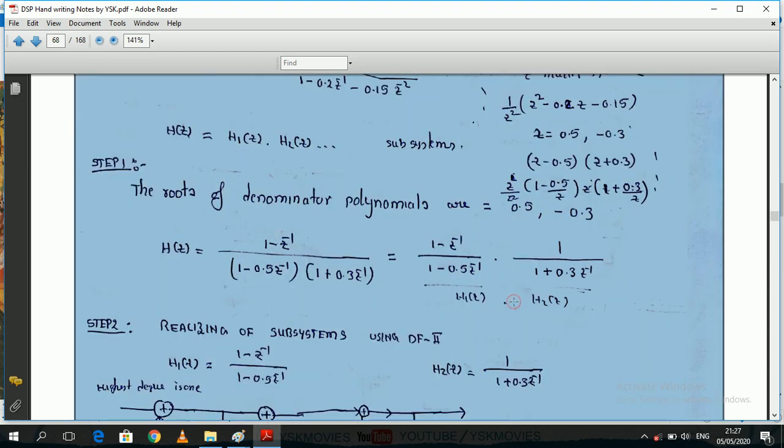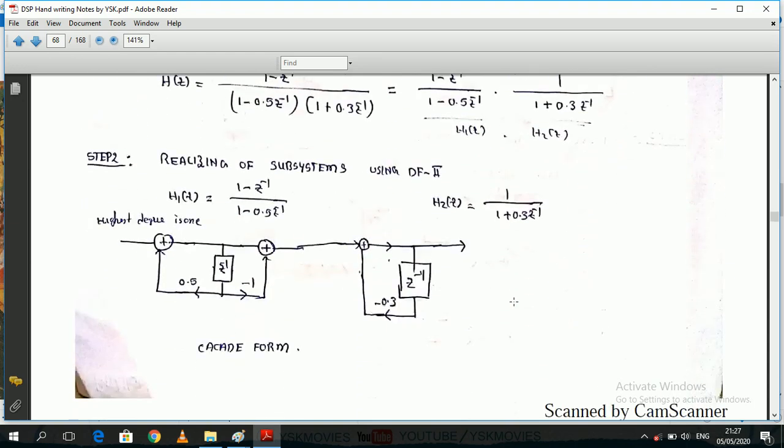Now go to step 2, realization of the subsystems using direct form 2. Of course, if you want to do direct form 2, you have to design direct form 1 also. I have already explained that. So we get the direct form 2 structure for H1 of z, and this is H2 of z.